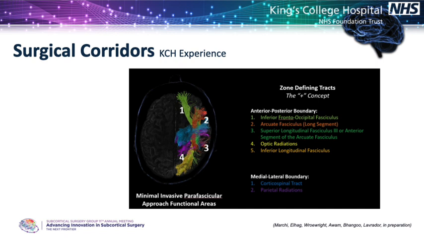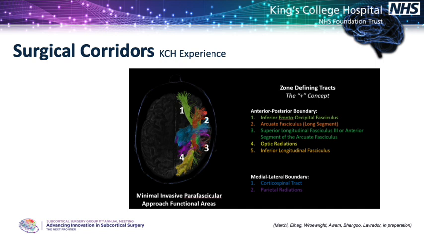So we've been doing MIPS now for quite some time. We've done well over 3 figures. And we've started looking at this concept of trying to produce standard approaches to different areas. So we've come across this cross concept where we use the white matter fibers, and particularly the projection and the association fibers, to define this cross and this anterior-posterior boundary, and most importantly, a medial and lateral boundary.